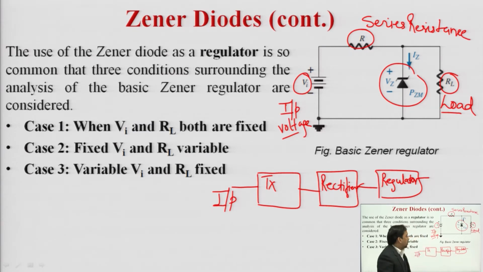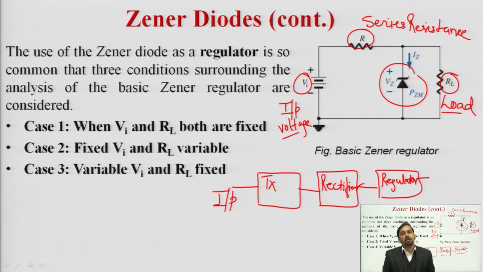After that, we have the third case, in which the input is variable. The supply applied to the regulator circuit is not providing a constant voltage. So, if there is a fluctuation in the input signal, will the load, or the application, which is RL, work properly or not?